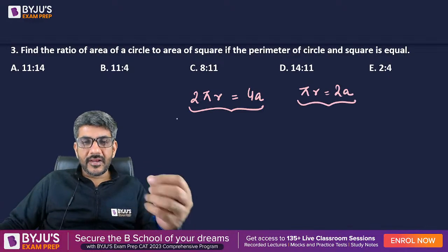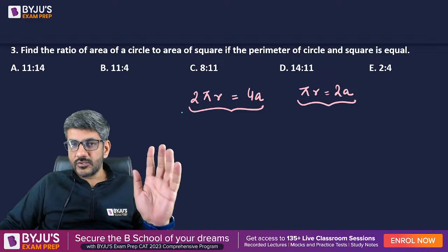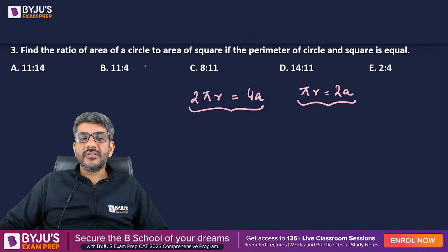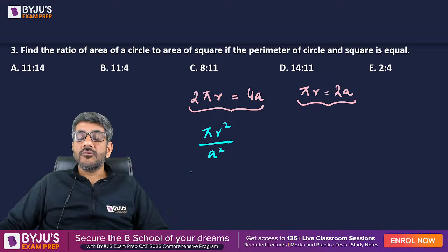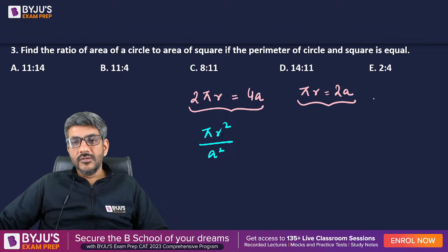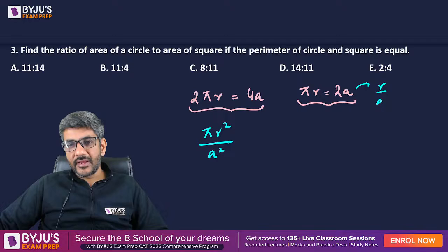Okay, r is the radius of the circle, a is the side of the square. He says find the ratio of their area. So area of a circle is pi r square. Area of a square is a square. I have to find out the value of r square by a square. So from here I can say r divided by a is 2 divided by pi.